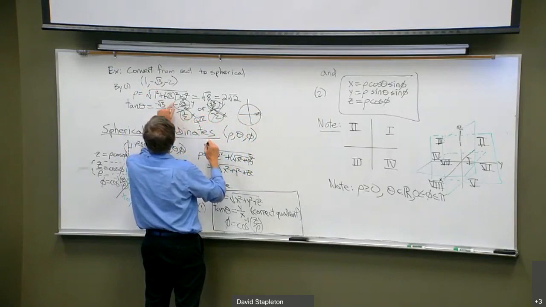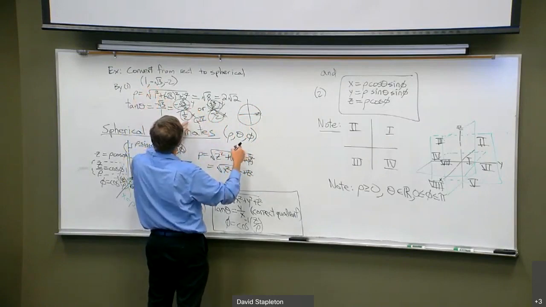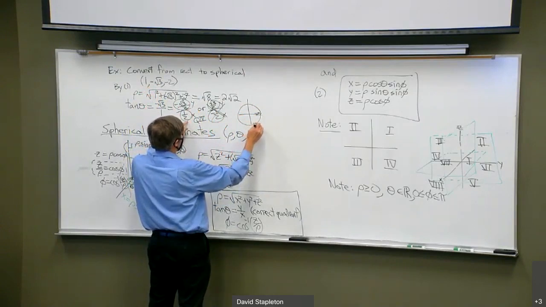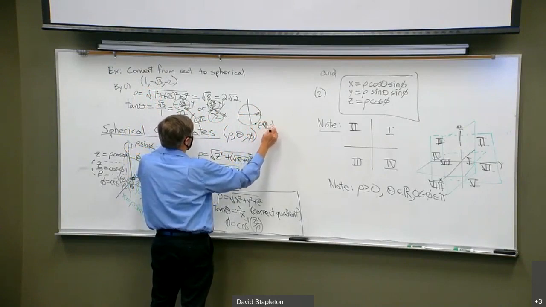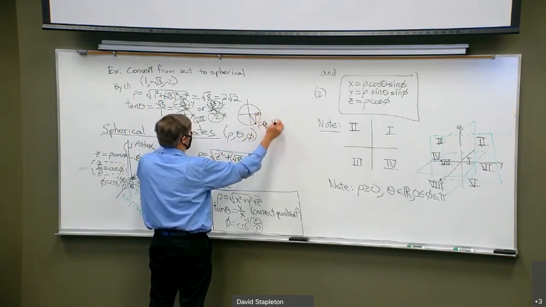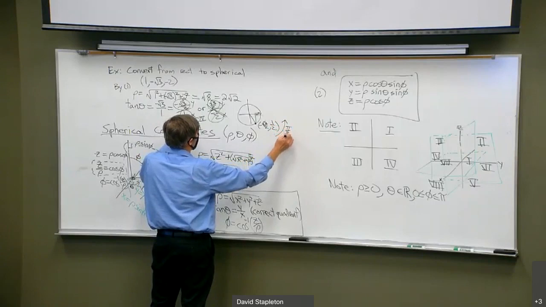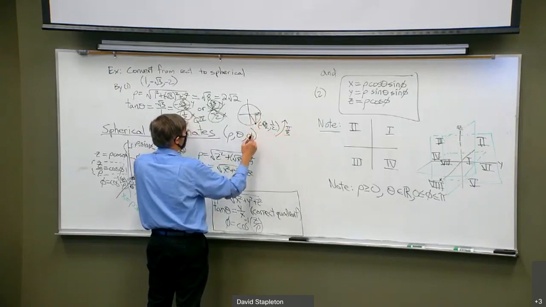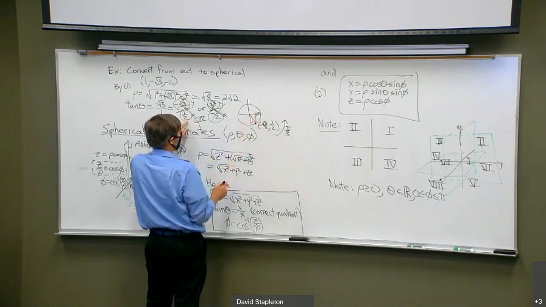Y negative, x positive, and go down to this point. Minus square root 3 over 2, 1/2 on the unit circle. Observe that at that angle, this has to be a reference angle of pi over 3 for trigonometry. And this is square root 3 over 2, and this is 1/2, and this is 1.